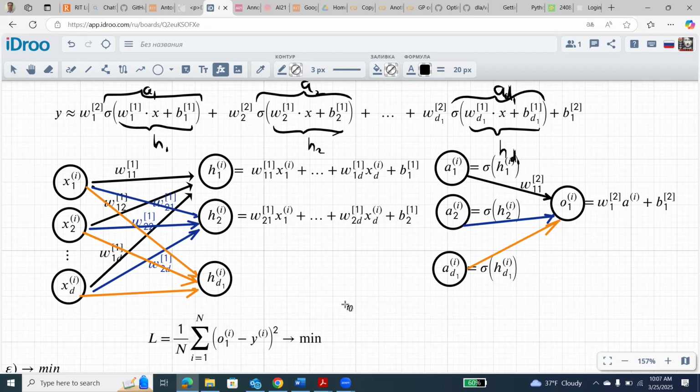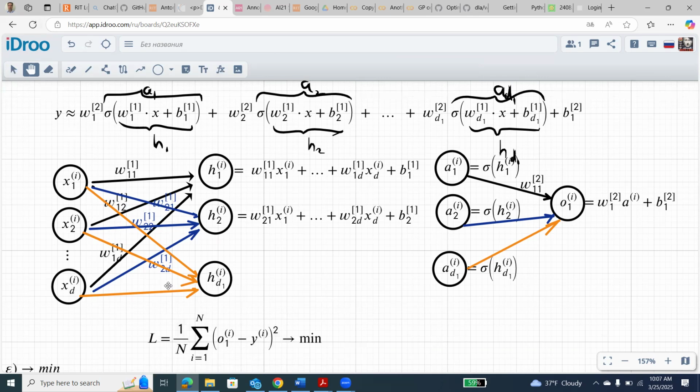Yes, weights and biases. So we want to minimize this. The output will depend on all the weights from our second layer, and this A will depend on the weights from the previous layer.